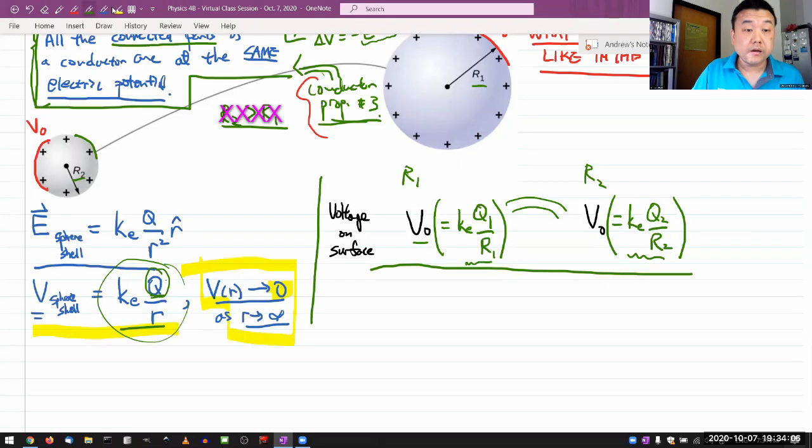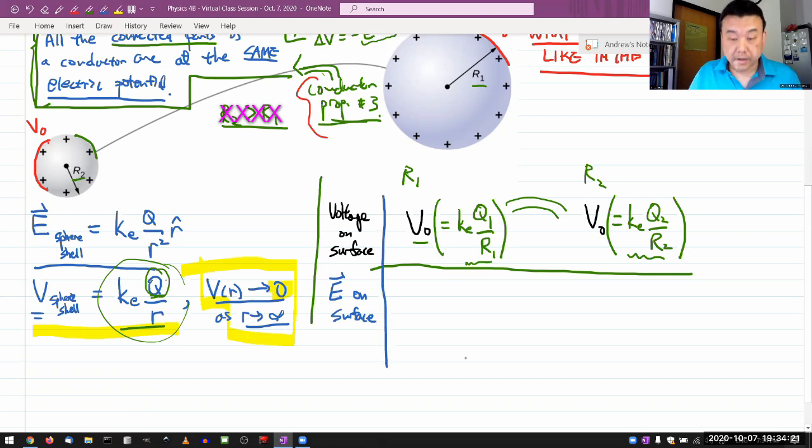And let's try looking at the electric field on surface. You have to be careful here. It's the electric field just outside the conductor, not inside or whatever. Then here, I don't know the value of the electric field. So I would like to start out with the formula.